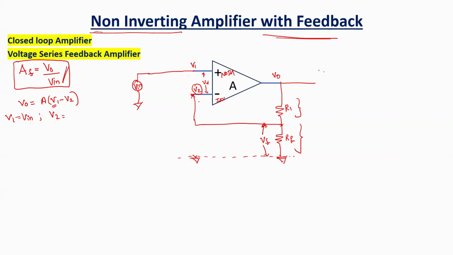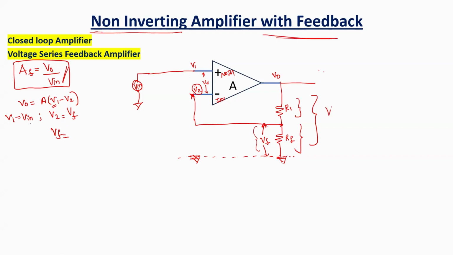The voltage V2 measured with respect to the ground is nothing but the same voltage we are seeing here. That is VF. So this is the point which has been tied here. It is just a simple connection. This voltage VF appears at V2. What is VF?